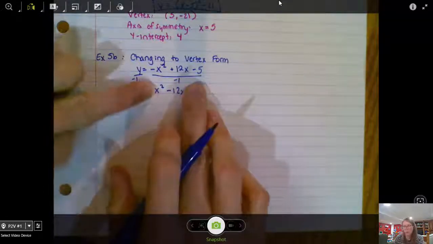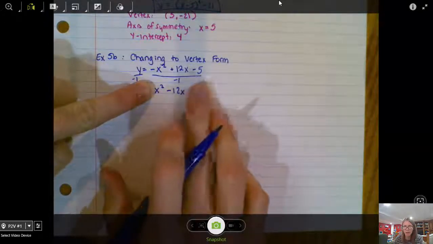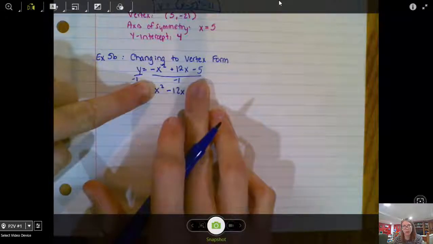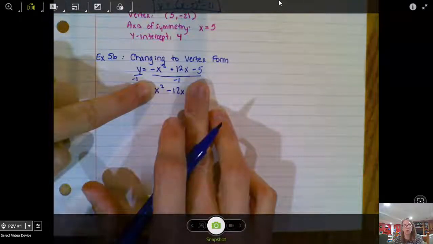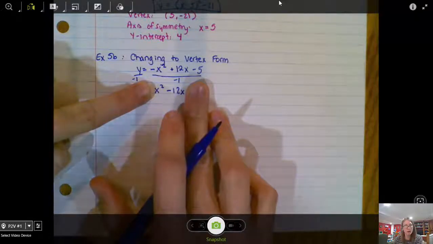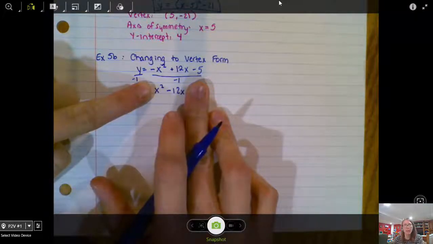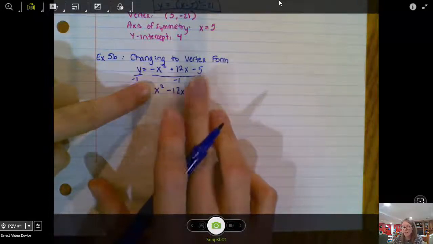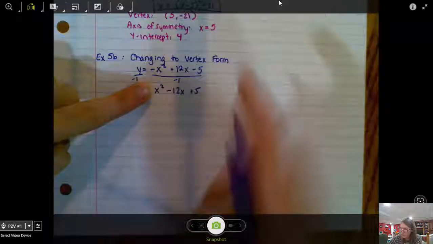And to complete my square, to change to my vertex form, I need to figure out what this number has to be after I complete the square. I take b divided by 2 and square it. b is negative 12. Divided by 2 would be negative 6. Squared would be positive 36. I need this number to be 36.